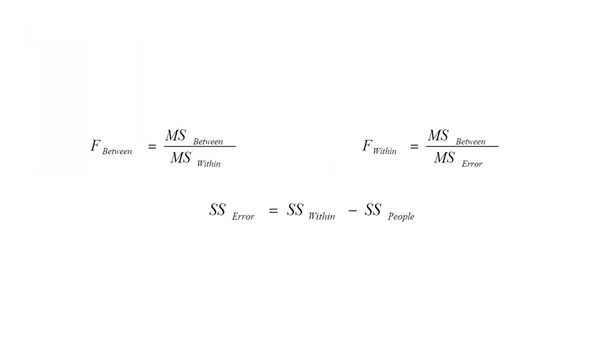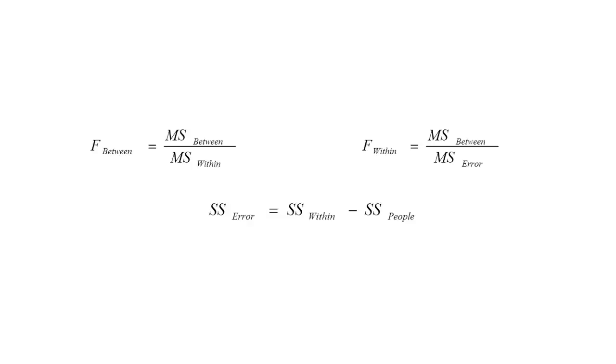If you look at the formulas for an ANOVA for between subjects design and ANOVA for within subjects design, you can see that they're very similar, and that the only difference is the denominator. So for a between subjects design, the denominator is mean square within, and for within subjects design, the denominator is mean square error. And you can see that's because in the sum of squares formula, we can subtract out variance due to people.